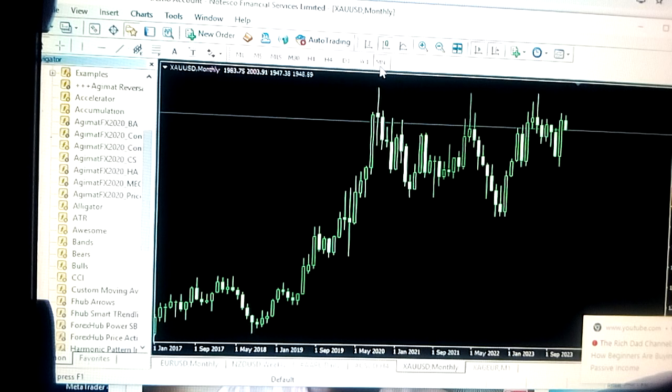So what we're gonna do, we're gonna analyze beginning from monthly to M15 because I like M15 so much. So we normally begin from monthly to M15.